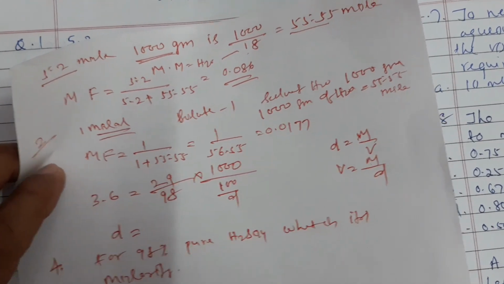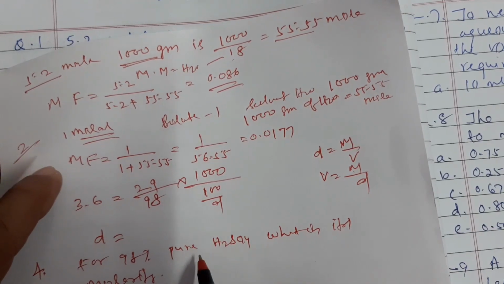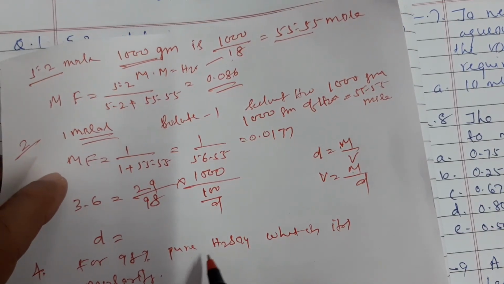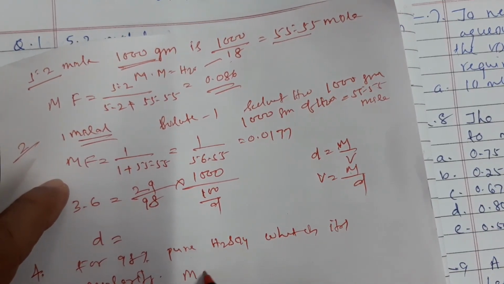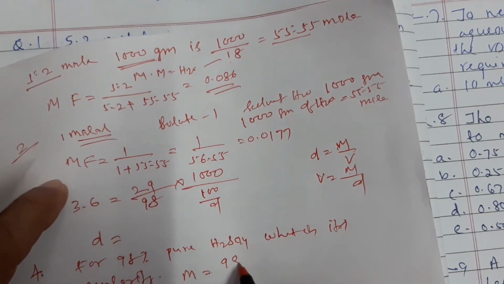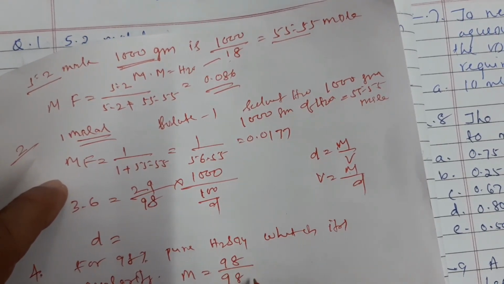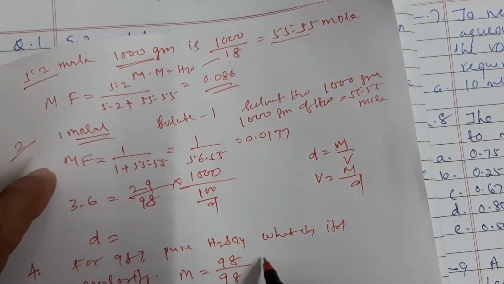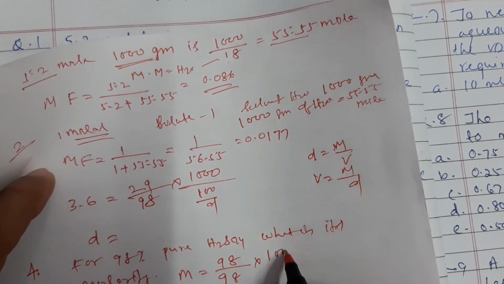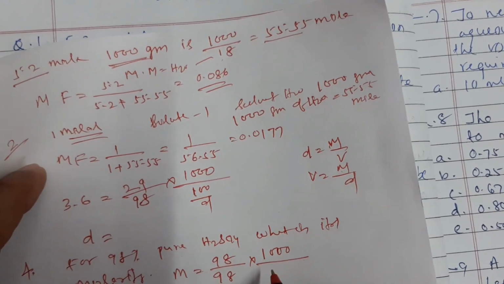You will first calculate. The molecular mass of sulfuric acid is 98, multiplied by 1000. This is the formula I am writing.